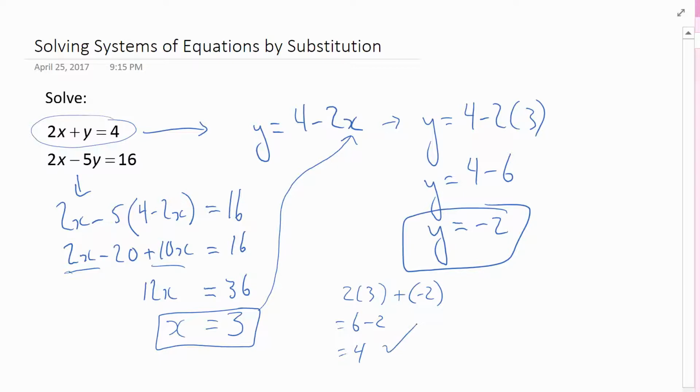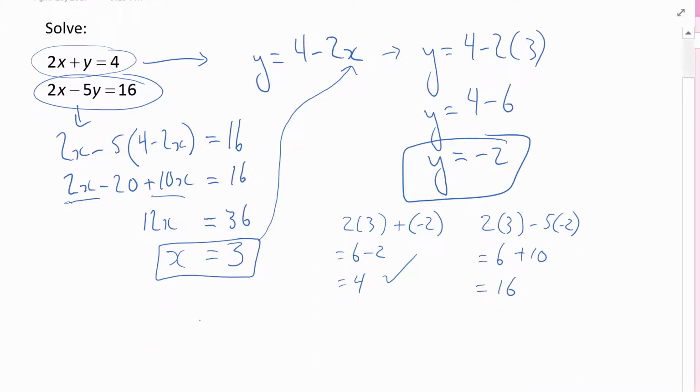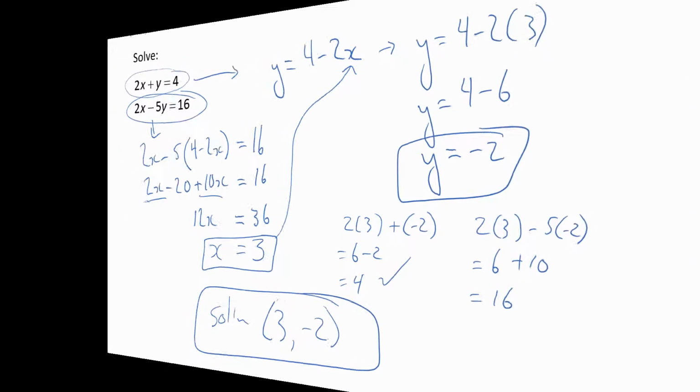Now check the second equation. 2 times 3 minus 5 times negative 2. That gives me 6 plus 10, which is 16. That's what it's supposed to equal as well. Therefore, I can say confidently that the solution is the point (3, negative 2). And we've got this thing solved.